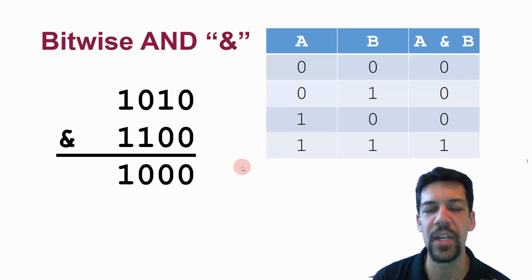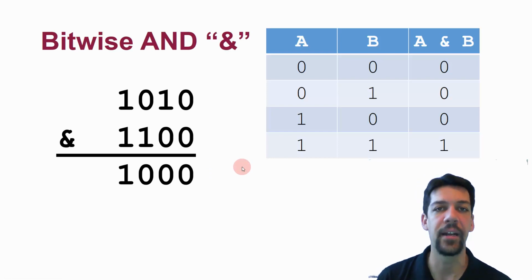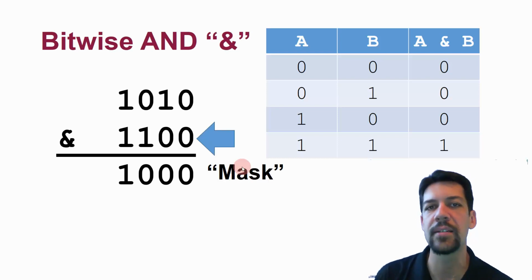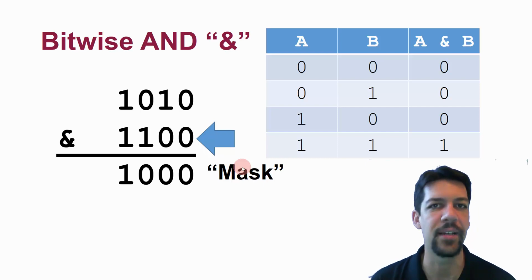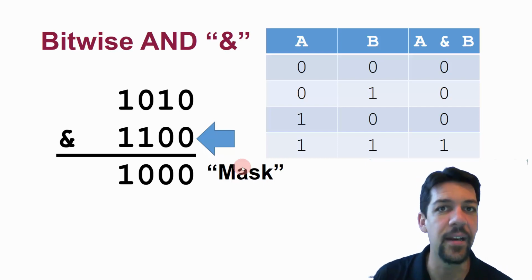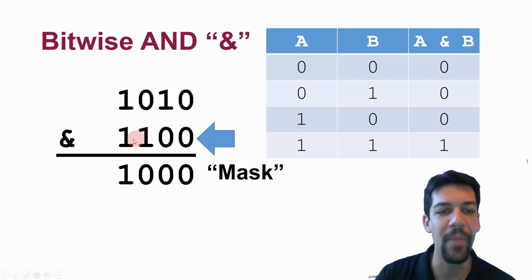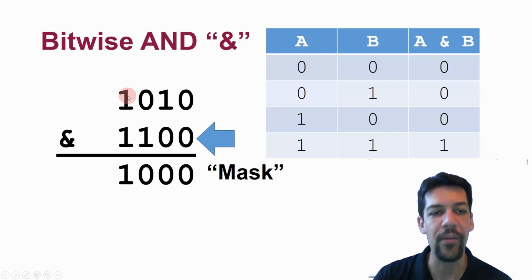Now you'll see the ampersand used a lot in low-level manipulation of embedded systems because we usually do what's called masking. This is how we check to see if a bit is set or a set of bits are set in a particular value. So in this case, I've ANDed with a mask that only has either a 1 or a series of 1s in it, and wherever a 1 in my input occurs, I know I'll always get a 1 there.